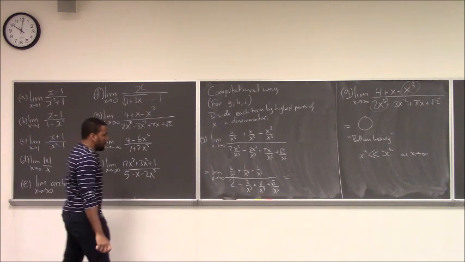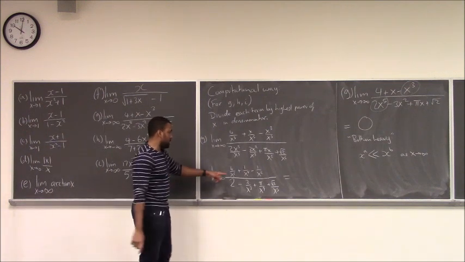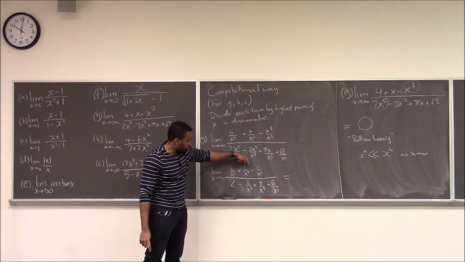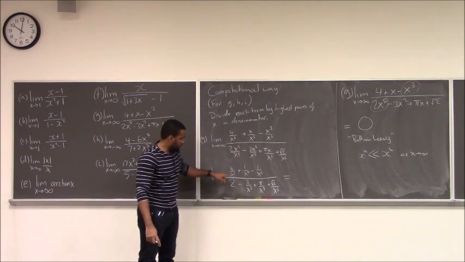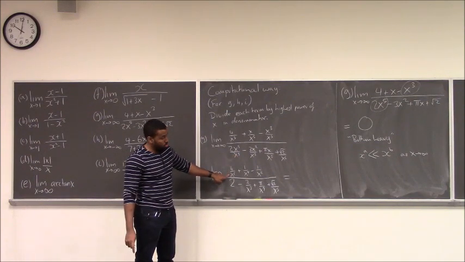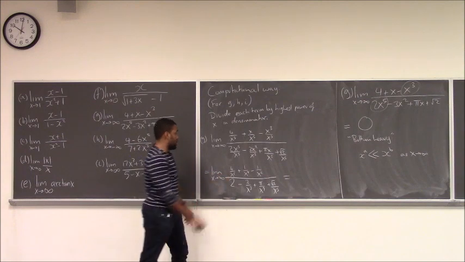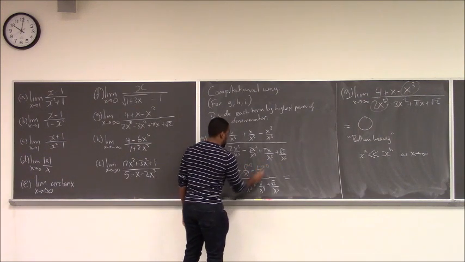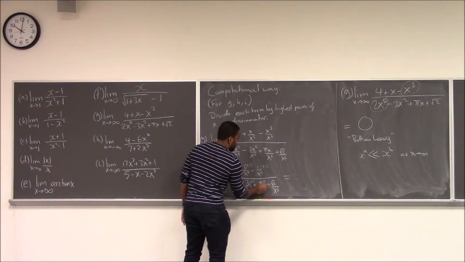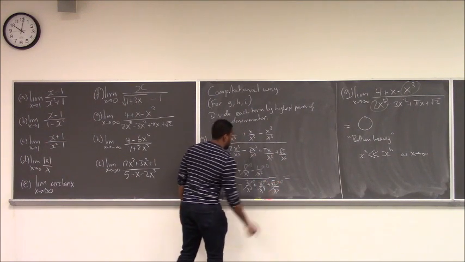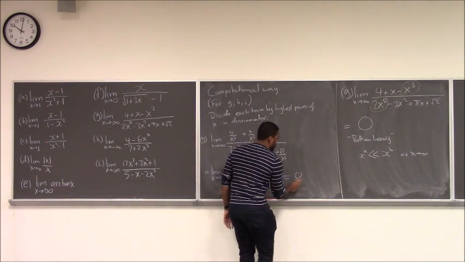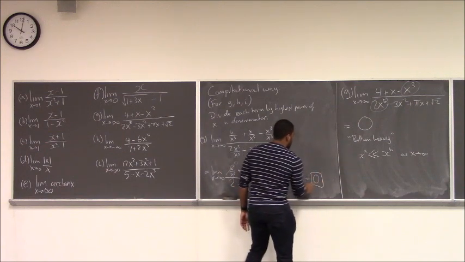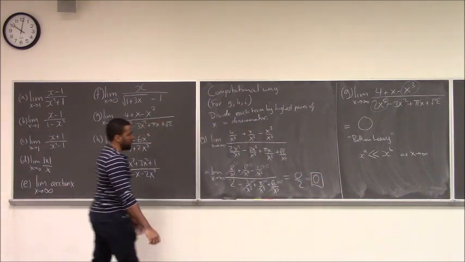Now, based on your idea of limits, it should be clear that all the numerators are now constants. So if the numerator is a constant, and the denominator is a variable that's going off to infinity, these are all going to go off to 0. And so basically you end up with 0 over 2, which is 0. It's a computational way to do it.